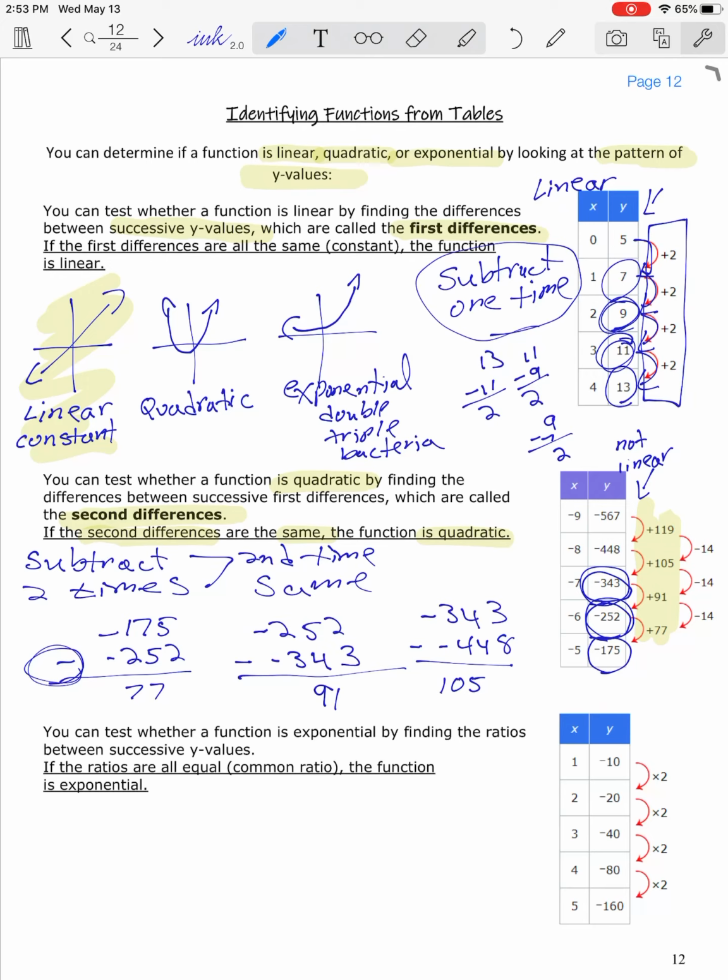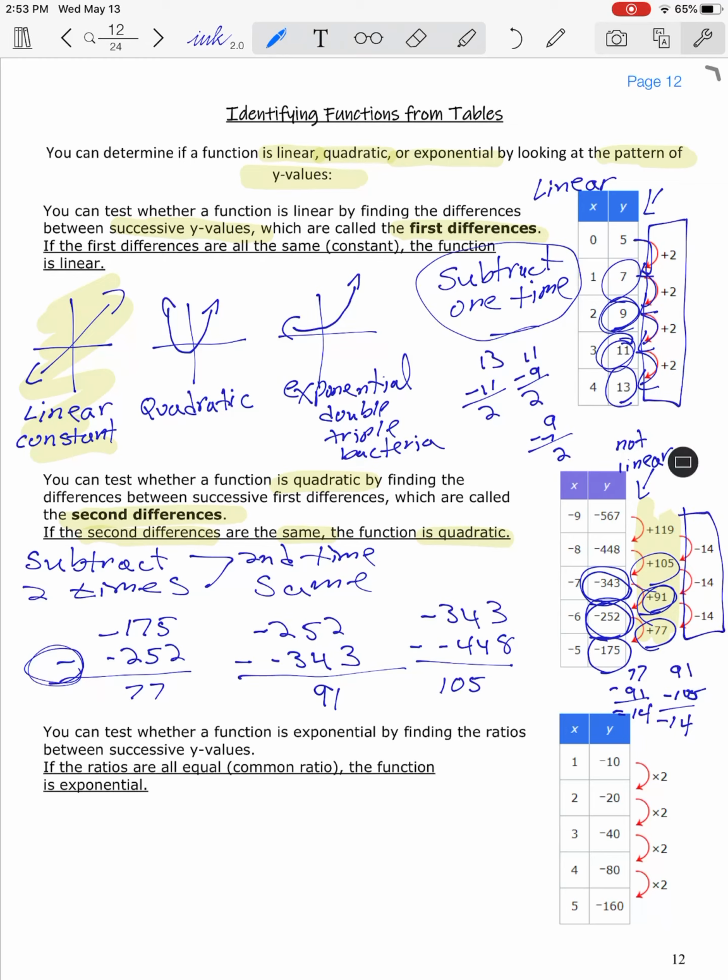So now I'm going to subtract again. I have to subtract all over again. So now I'm going to take my new numbers, 77 minus 91. And I'm going to get negative 14. Then I'm going to do 91 minus 105. I'm going to get negative 14.